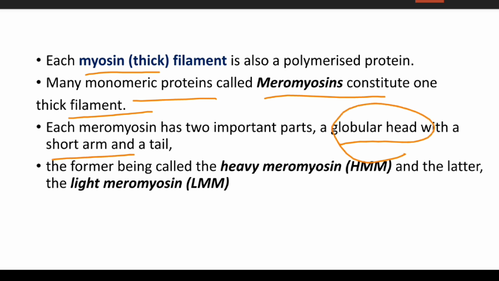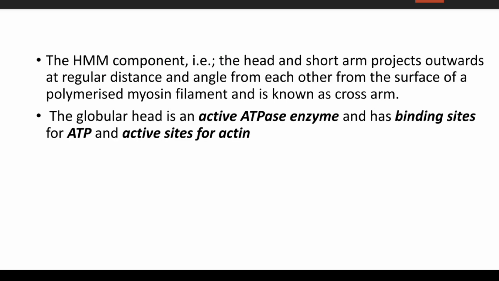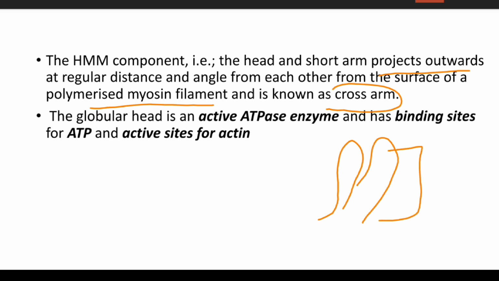The former is called heavy meromyosin and the latter is known as light meromyosin, which we have already seen. The heavy meromyosin, the head and the short arm, projects outward at a regular distance and angle from each other from the surface of a polymerized myosin filament, which is known as the cross arm.